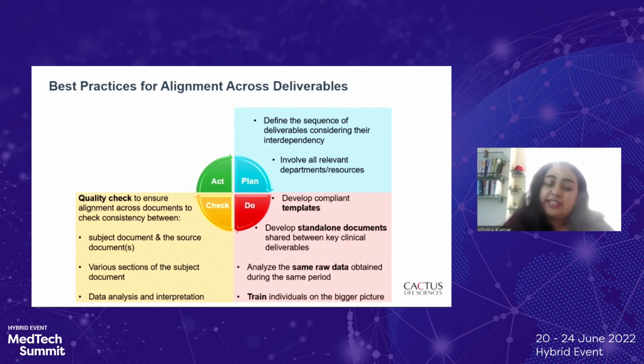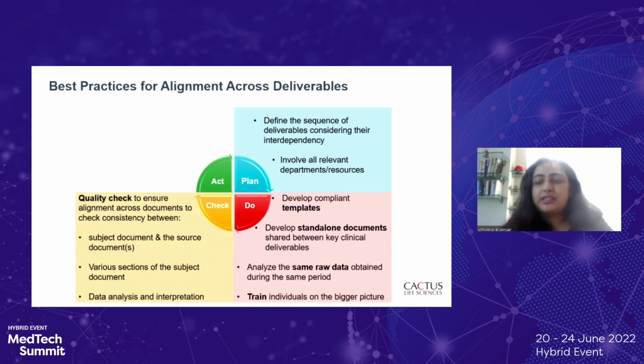Finally, to check that there's consistency for your data, consistency in data alignment, data analysis and interpretation. Like we've seen, it's the same data that's going into different deliverables. So if we analyze the same data differently in different places, that's going to lead to confusion. We do say that the analysis is objective, but when we're looking at clinical data, there's some piece of clinical judgment that goes into it.